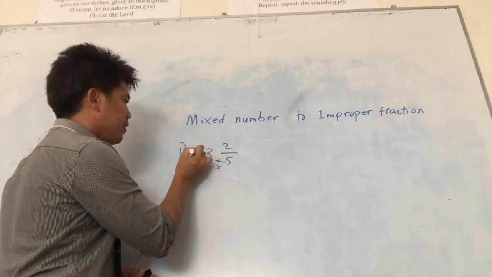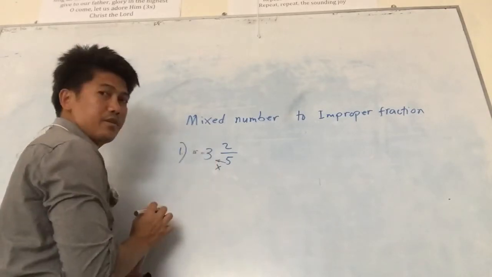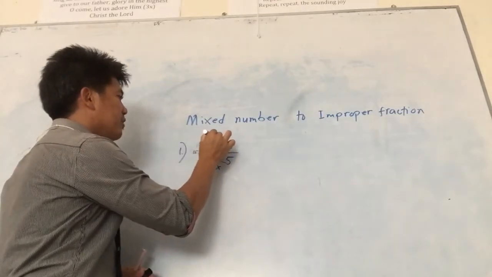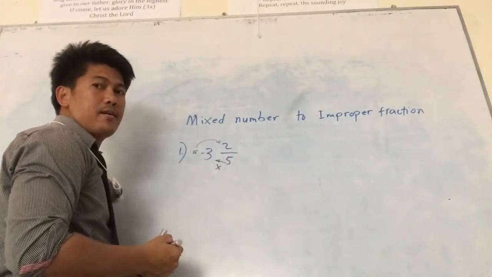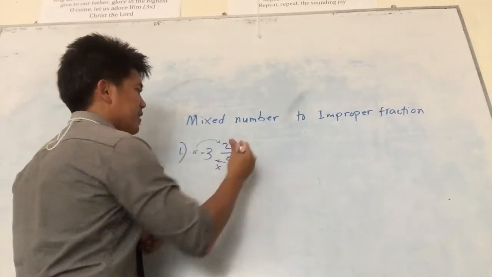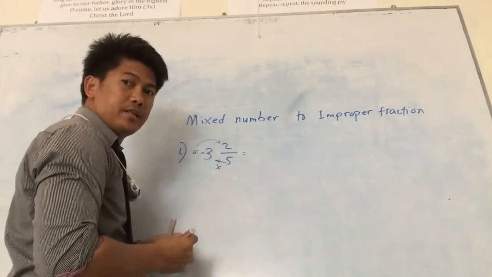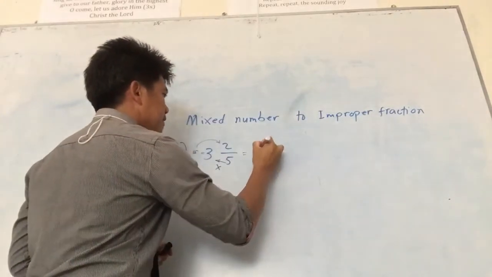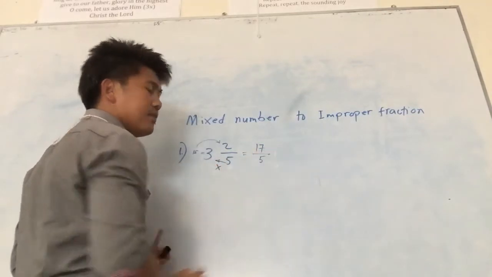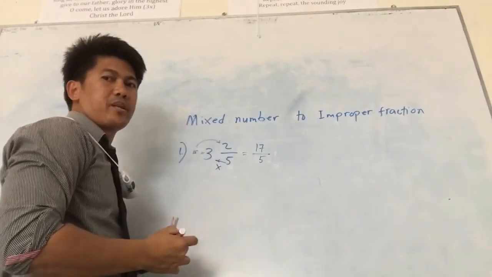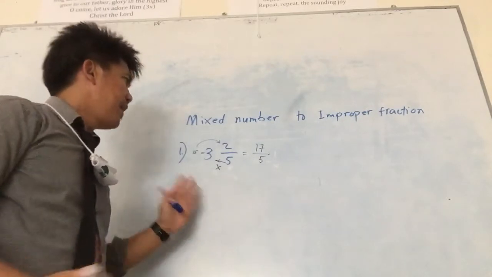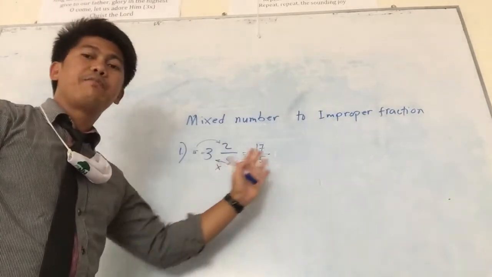This 15, you have to add to 2. So 15 plus 2 is how many? 17. 17 over, copy that 5 here. Okay? Copy that 5. That's simple.